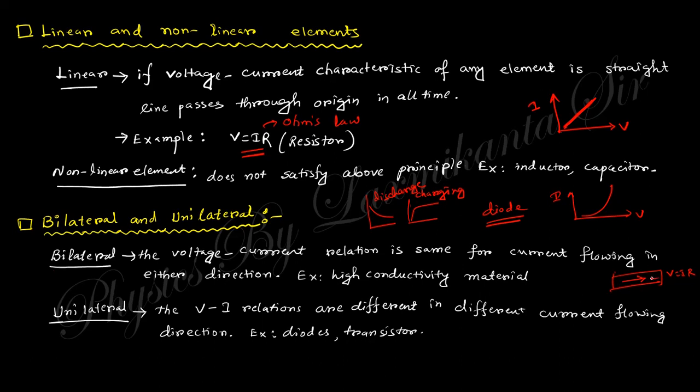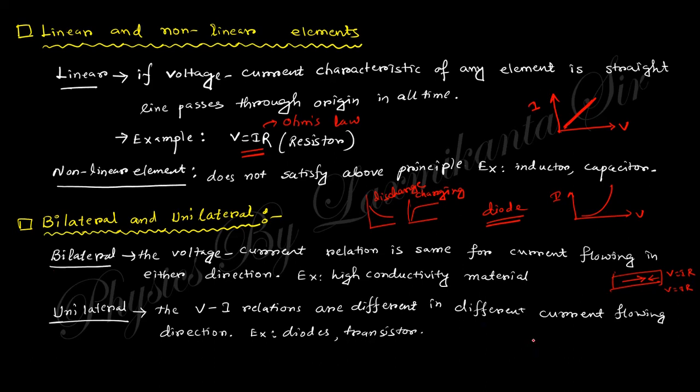If you flow it in the opposite direction, V equals IR is also valid. Then this is called bilateral. So it is independent of the direction of current flow.